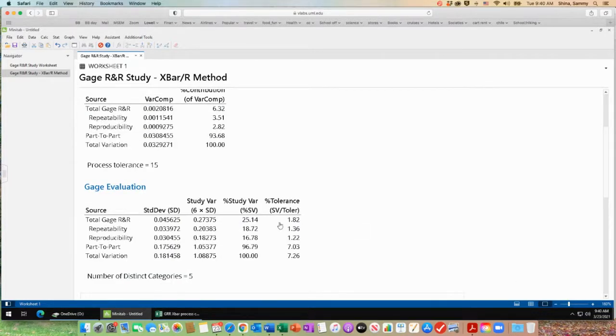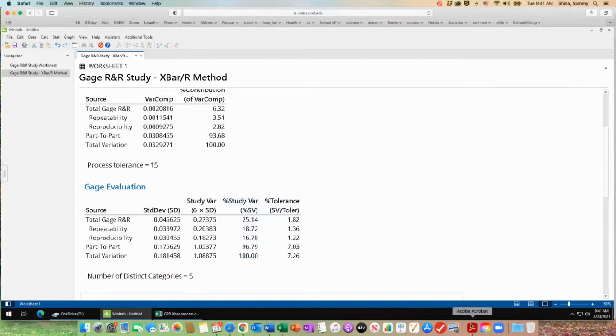Okay, so this is what we've done in the gauge evaluation. So if you look at the repeatability, it's 0.33972. Reproducibility, that's the operator variation, 0.30455. Then there's the Six Sigma data, and there's the percentages in terms of the tolerance, 136 and 122, and then percentage of the total variation.